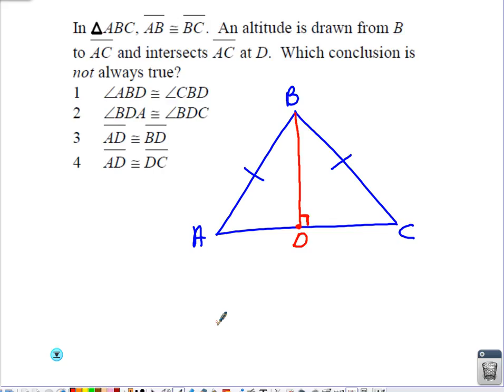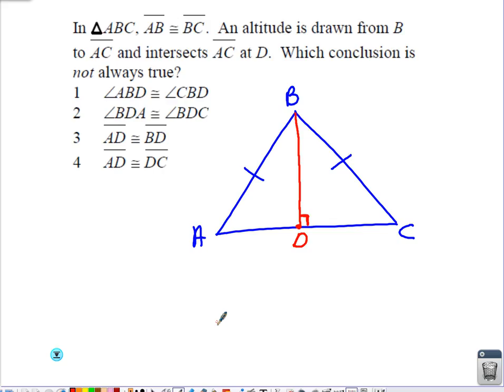We want to know what all is true, or what conclusions we could draw from this picture. First off, is the measure of angle ABD congruent to CBD? Well, let's do this easy. When I take an isosceles triangle and I draw an altitude, is that a perpendicular bisector?